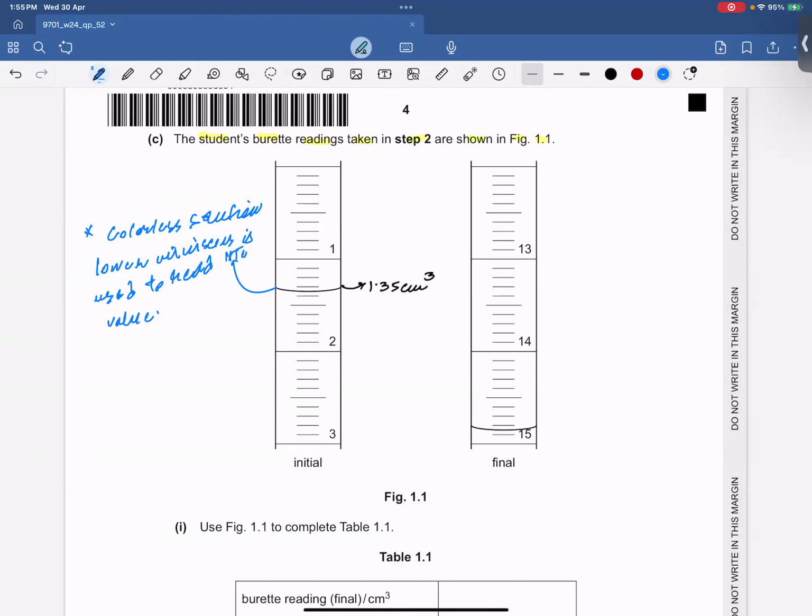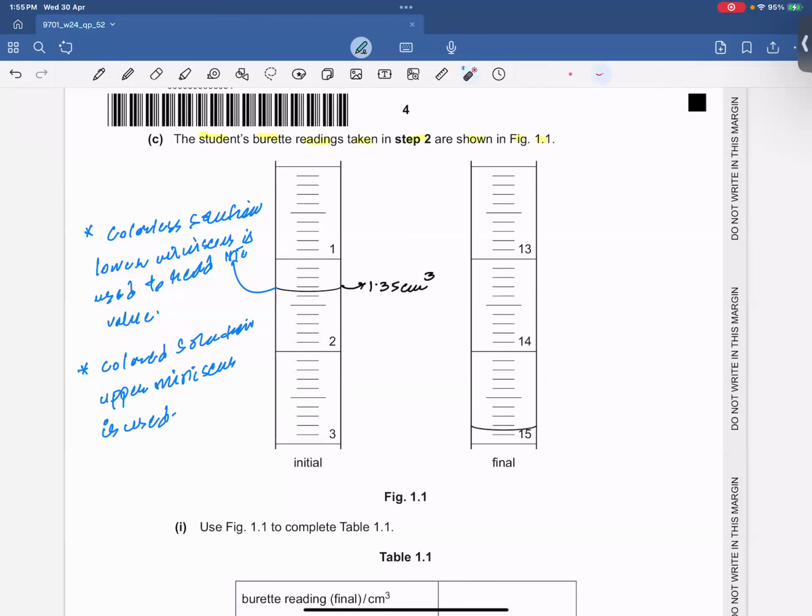And what if we have colored solution in such burettes? Upper meniscus. For colored solution, the upper meniscus is used.